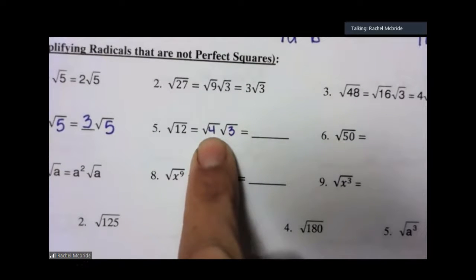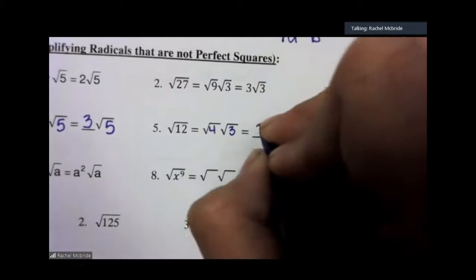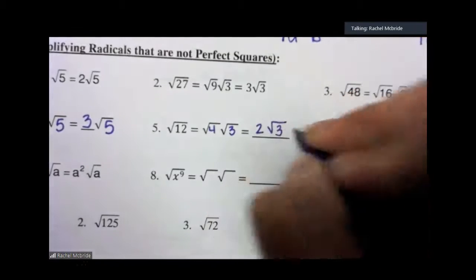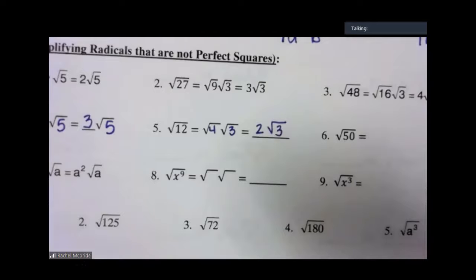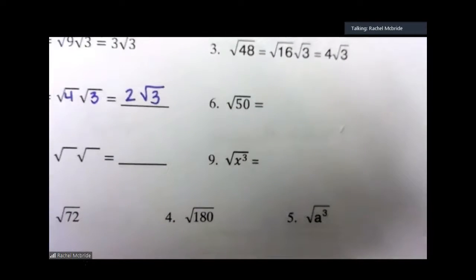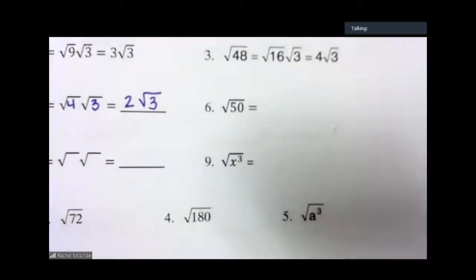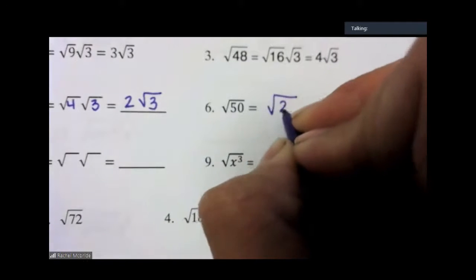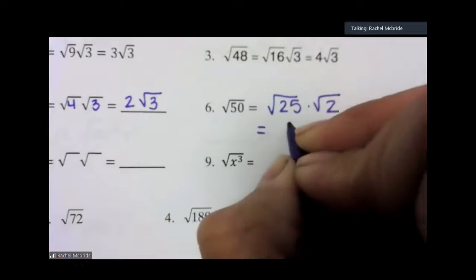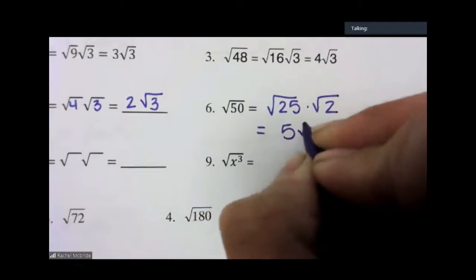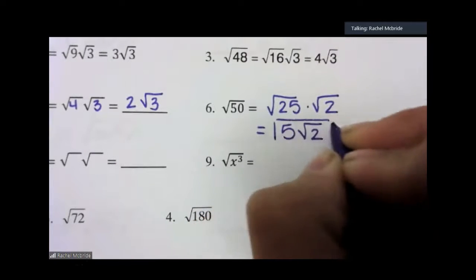So the square root of 4 is, and then you're left with the square root of 3. So 50, I'm going to break that down into what perfect square? The square root of 25 is? So you're left with 5 square roots of 2.